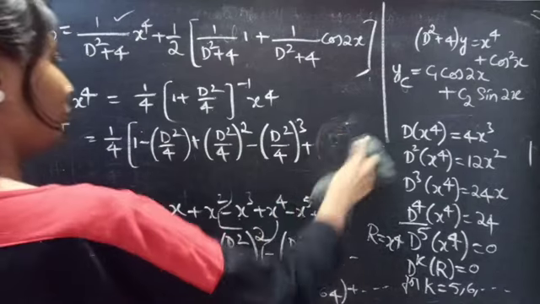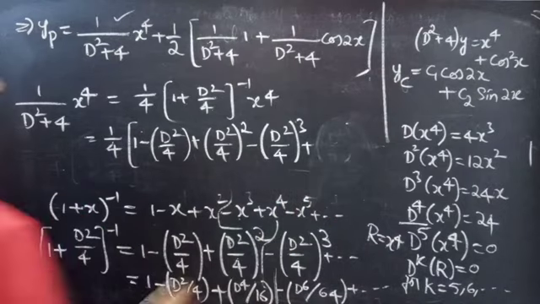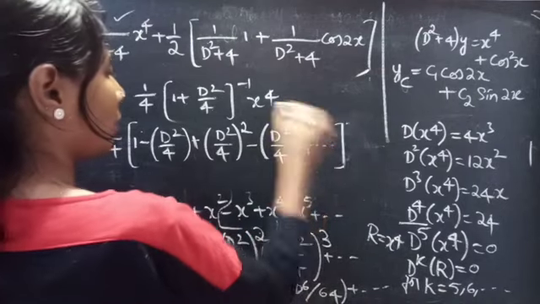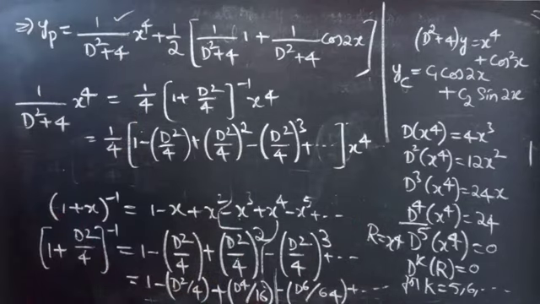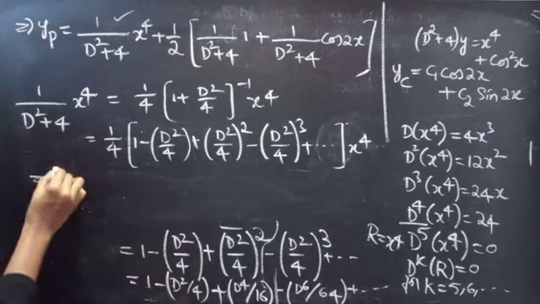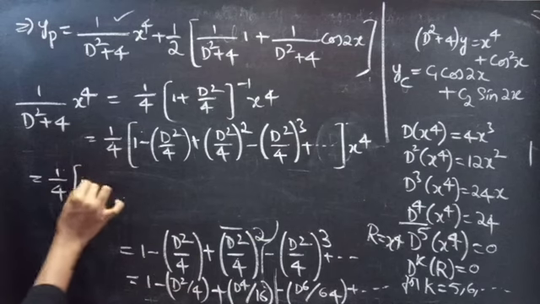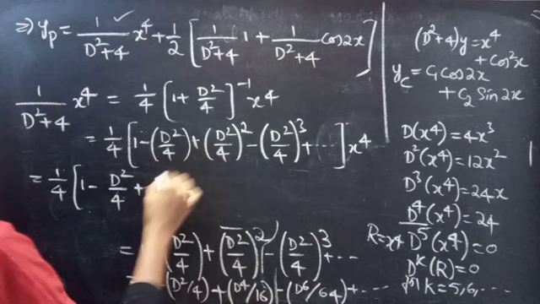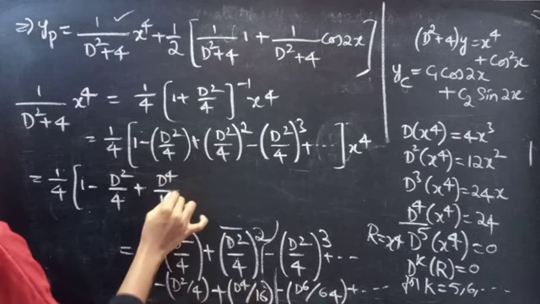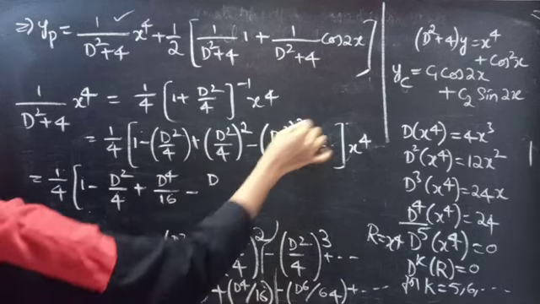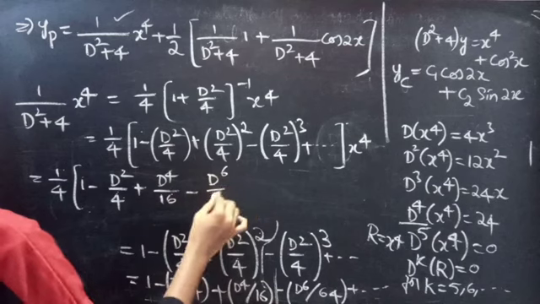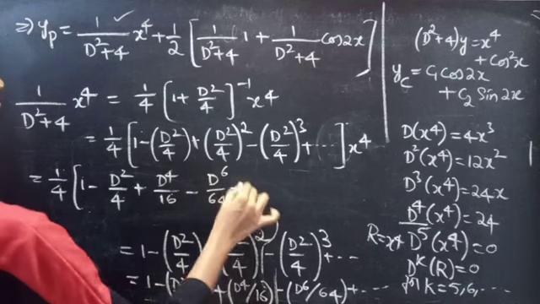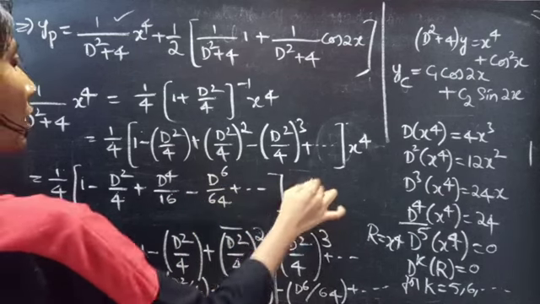I'll stop it here. Plus so on into x power 4, which equals 1 by 4 into 1 minus D square by 4 plus (D square) whole square, D power 4 by 4 square, 16, minus (D square) whole cube, D power 6 by 4 cube, 64, plus so on into x power 4.